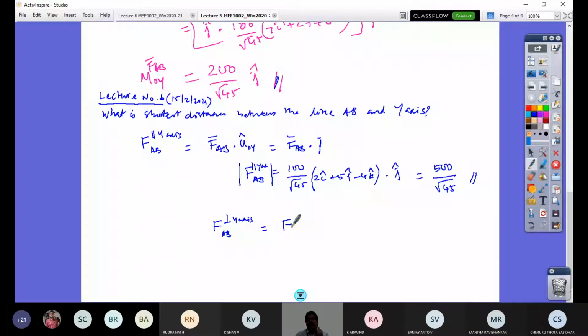FAB perpendicular to the y-axis is the square root of the force vector modulus squared minus the FAB parallel to y-axis modulus squared. So that is the square root of 100 squared minus 500 by root 45 squared. So what is the value? Can you calculate and tell me?